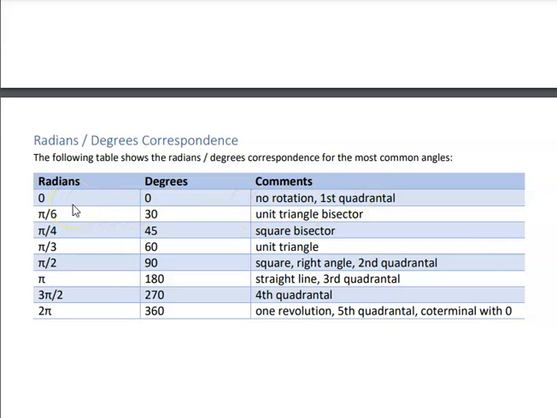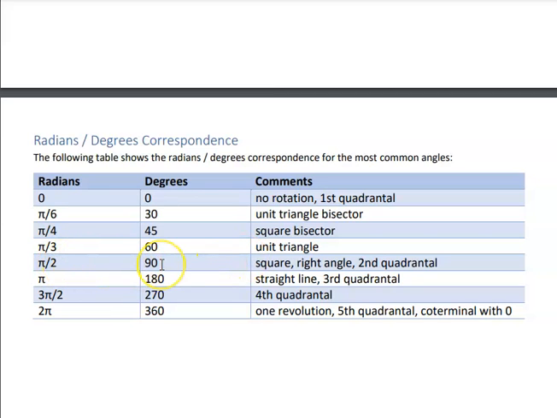Pi over 6, or 30 degrees, is a unit triangle bisector. We'll look at that in a later video. Pi over 4 is 45 degrees. That's a square or right angle bisector. Pi over 3, 60 degrees, comes from the angles in the unit triangle.